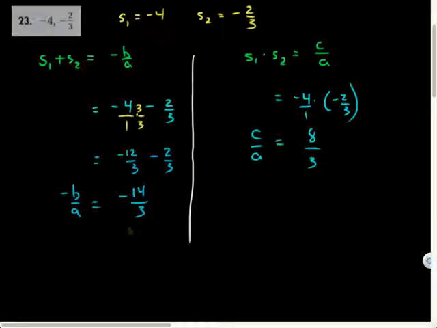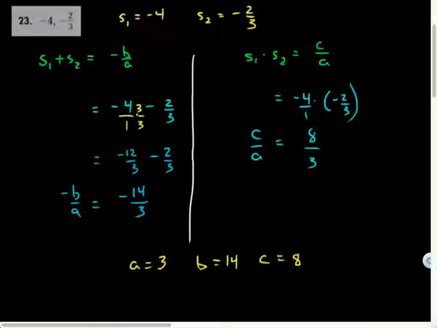So analyzing this, let's see if I can figure out a, b, and c. Well, the denominators of these are the same. So I'll just call that my a. So a is equal to 3. The opposite of b is negative 14, so plain old b must be positive 14, and c is equal to 8.